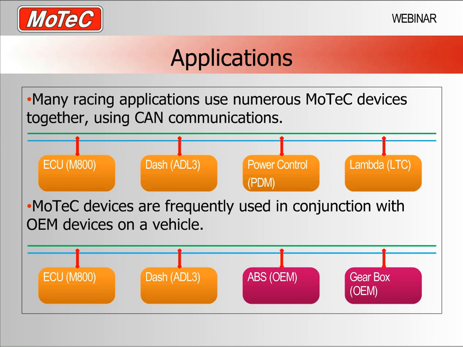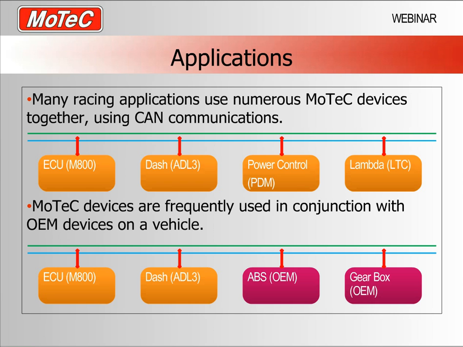All right, now we're just going to take a quick look at how we see CAN applications. Of course, I've shown you some earlier, but again, we have two basic differentiations. One of them is where we have a vehicle, for example, a race car, that has basically MoTec devices on it. So our first example is simply an ECU, a dashboard, a power distribution module, a PDM, and a lambda to CAN device.